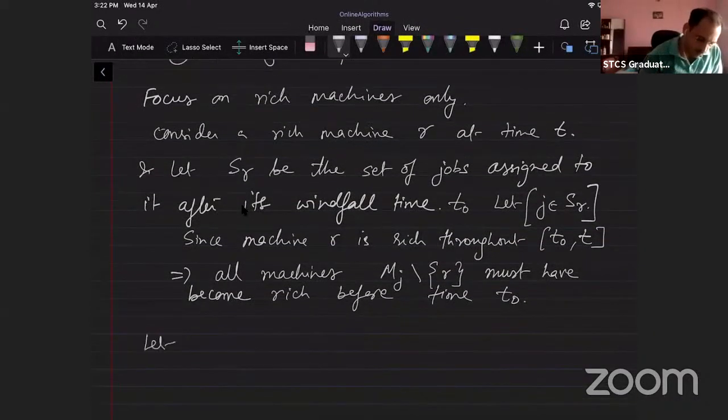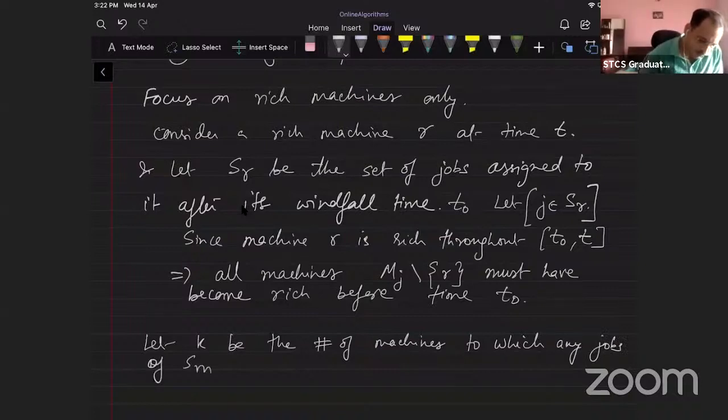Let K be the number of machines to which any jobs of SR could be assigned.